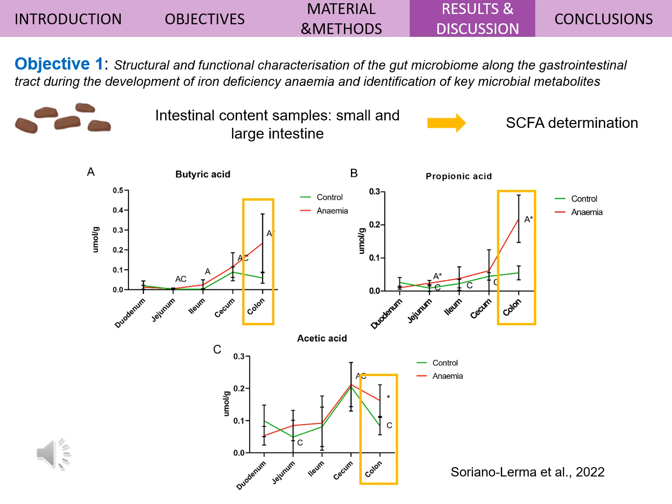And actually, the colon showed the greatest difference and the highest values of all short-chain fatty acids. Therefore, this is in agreement with what we had observed with the predictive functional analysis.